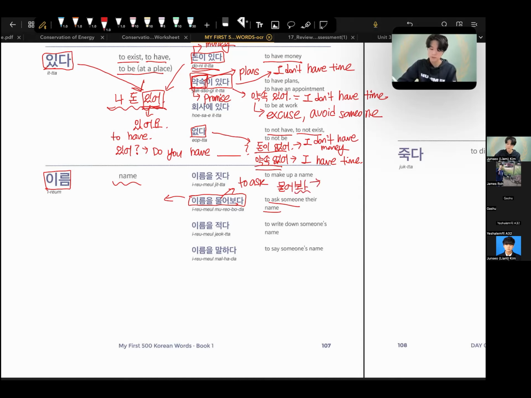물어봐 is used in a conversation. This means ask. Like when, for example, I'm a teacher, right? If I say 물어봐 to you, Gashu and Yeshi, then it means ask me any questions. So 물어봐 is like a suggestion to tell you to ask me any question.